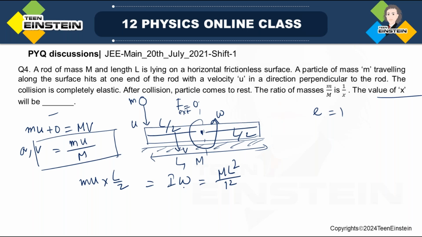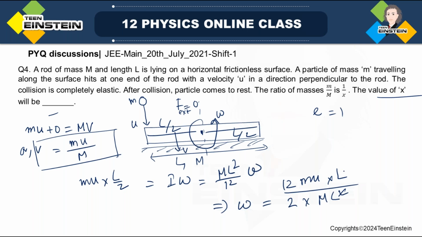So once I get this M L square by 12, and this is omega, from here I can find out omega, divided by 2 capital M L square.